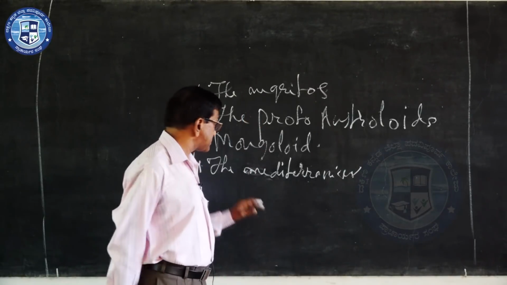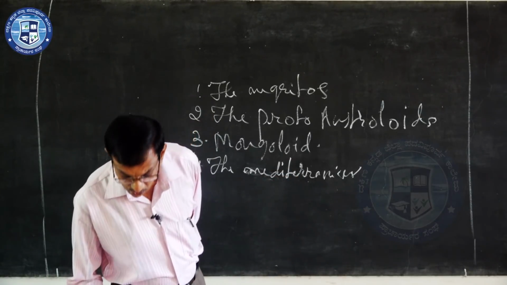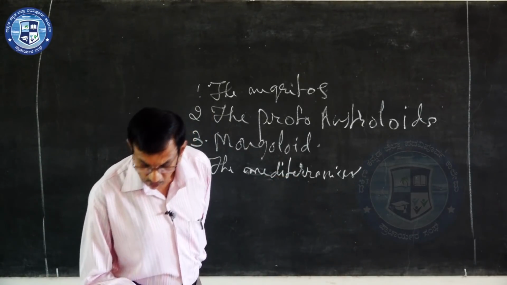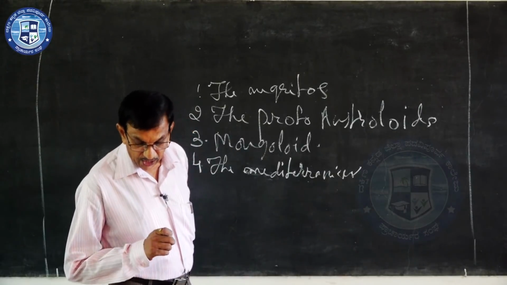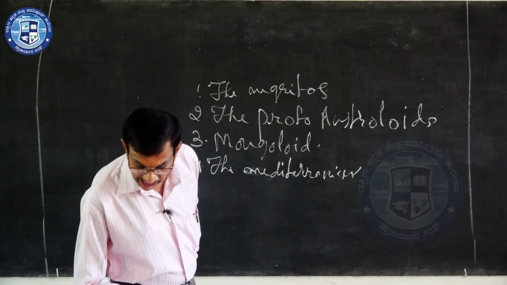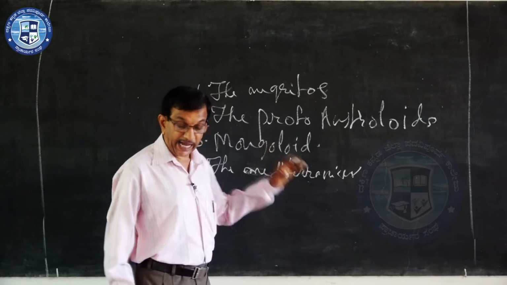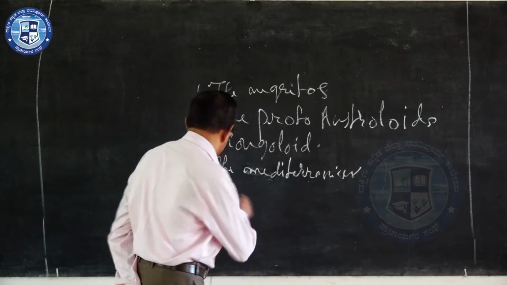In these areas, the members of this race, Mediterraneans, are found. They have dark skin, long head, narrow face, broad nose and medium stature. So these people have these characteristics.